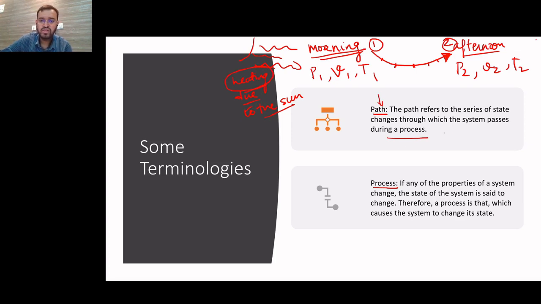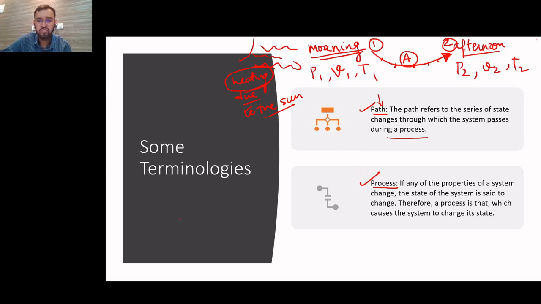Okay. So now you have to understand that there is something called a path and there's something called a process. Now, in this case, because of the heating, this system moved from state 1 to state 2, following this path, say let's call this path A. All right. Now this process, the process of heating, caused us to move from state 1 to state 2 via this path A. In most cases in thermodynamics, processes and paths are quite interlinked.